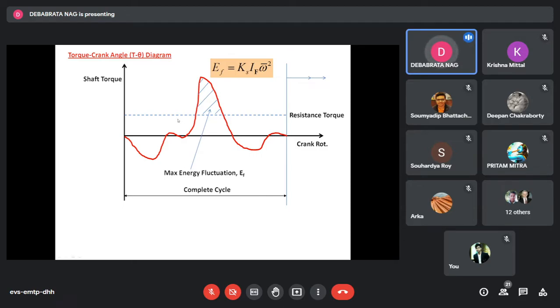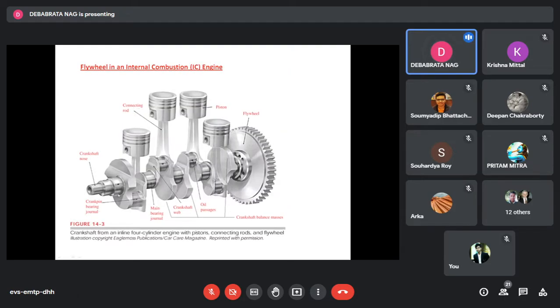However, for the IC engine, the resistance torque, because if you are supplying here, say, some gas torque, then in order to run the whole shaft at a constant speed, an equal amount of torque needs to be taken out from here.